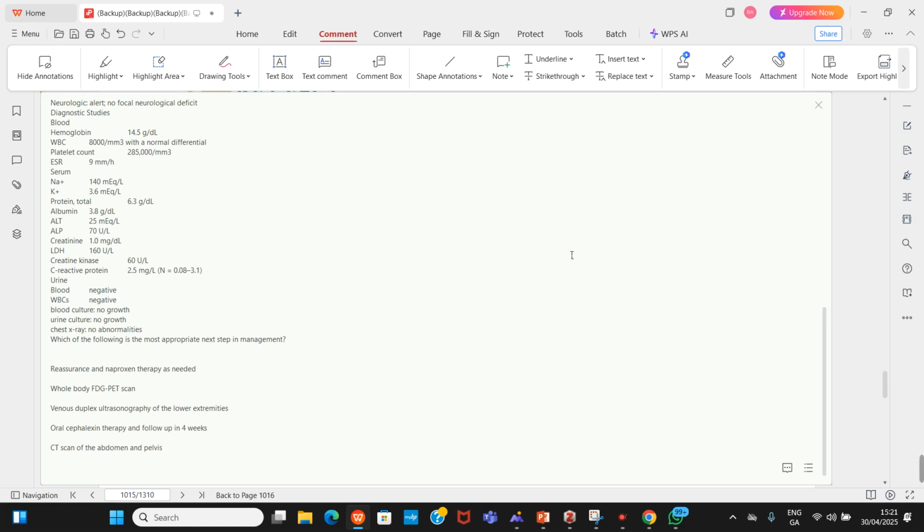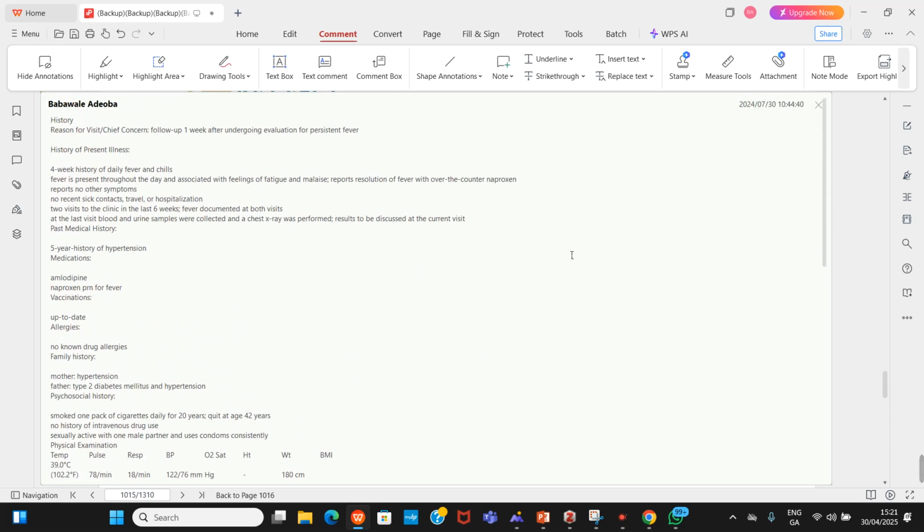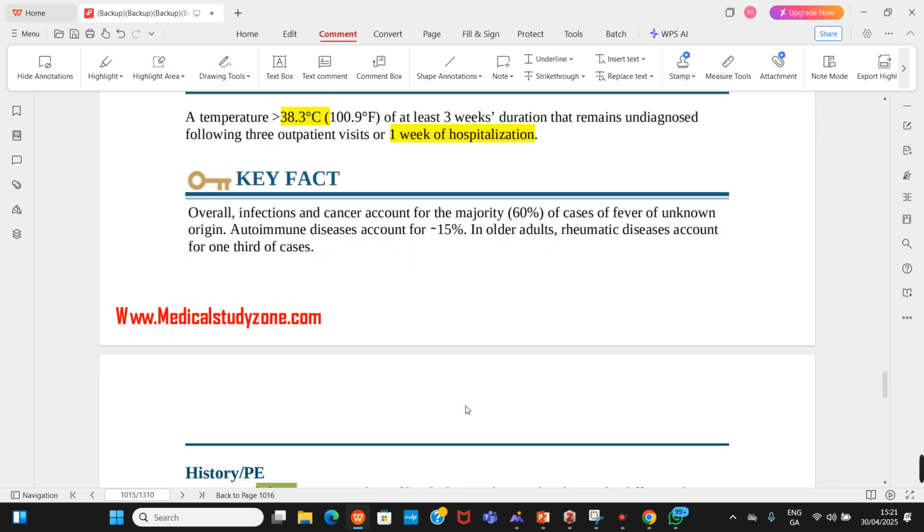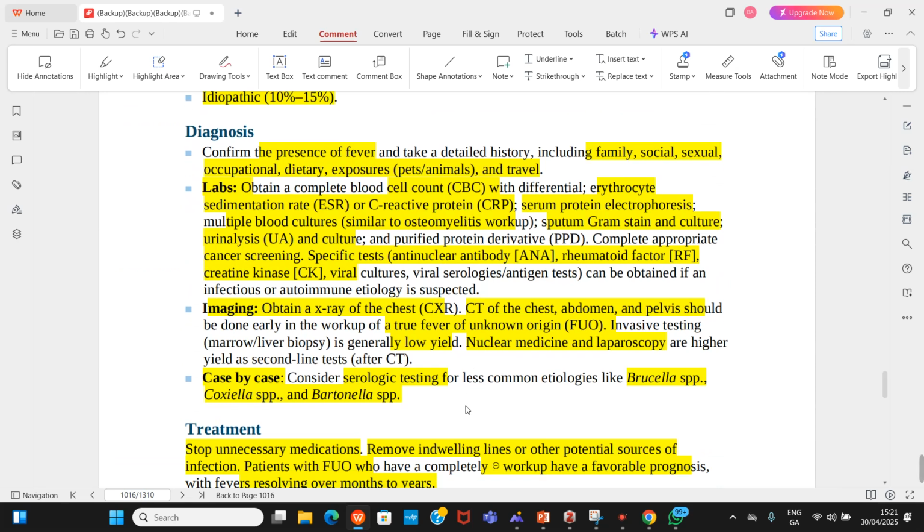Anybody? This patient is on naproxen. Responded to naproxen. What do we think? It's a malignancy. Yeah, so we'll talk about naproxen test. So what should we do? CT scan of the pelvis. Just do a CT of the abdomen and the pelvis to look for any underlying malignancy there. That's the best test to do in that list.